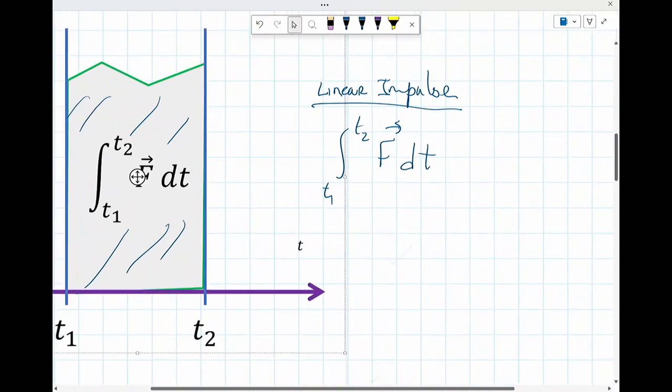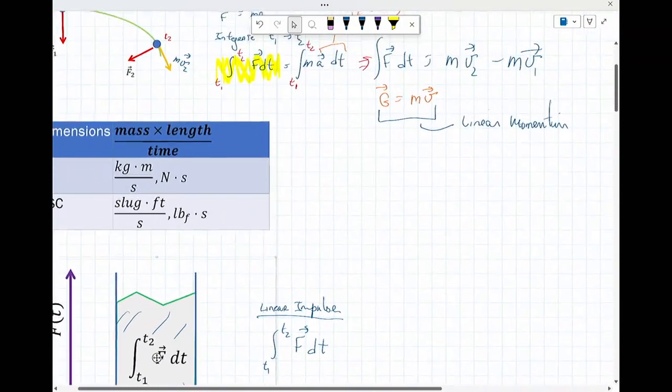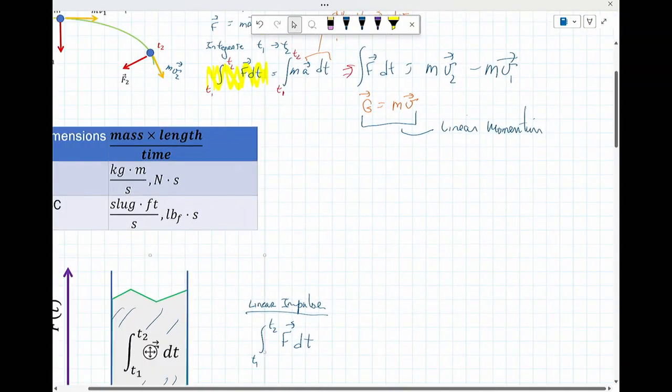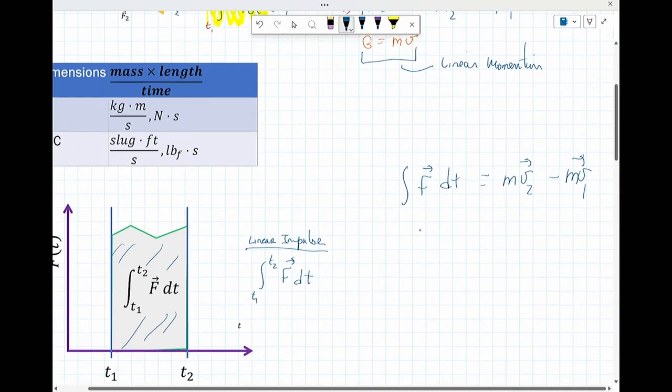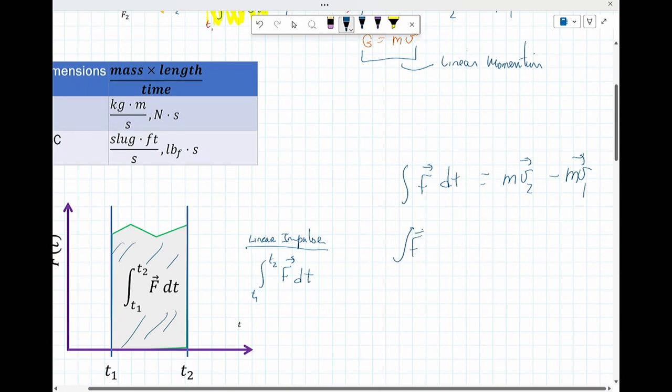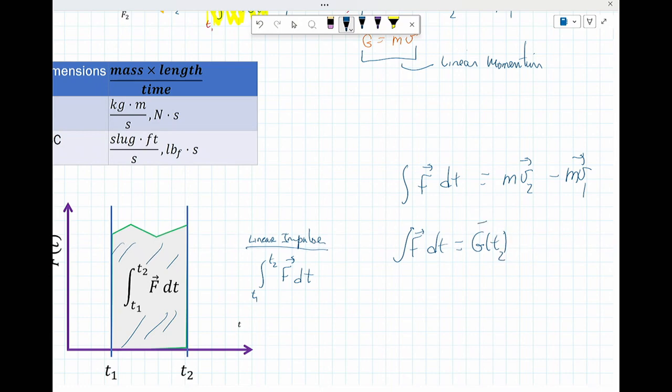So if I take this equation back here, and I just say, okay, I've got the integral of f dt equals mv2 minus mv1, I can rewrite that then as the integral of f dt equals g at time t2 minus g at time t1.